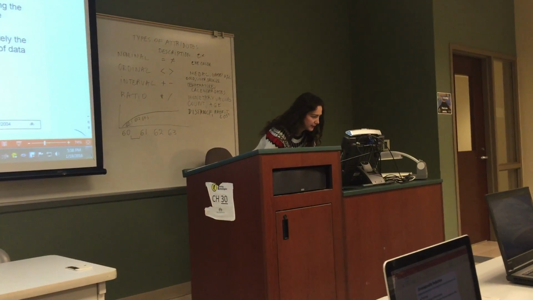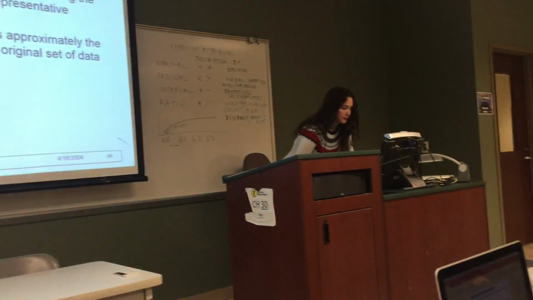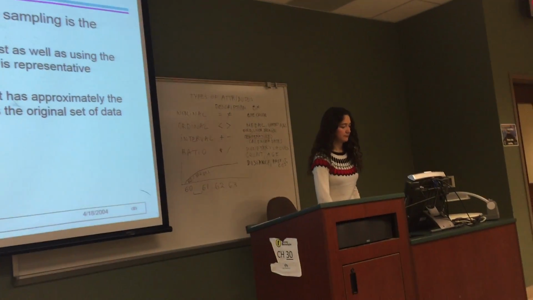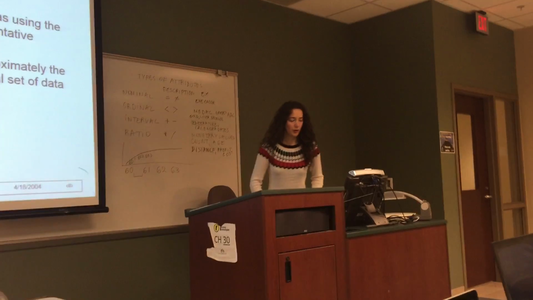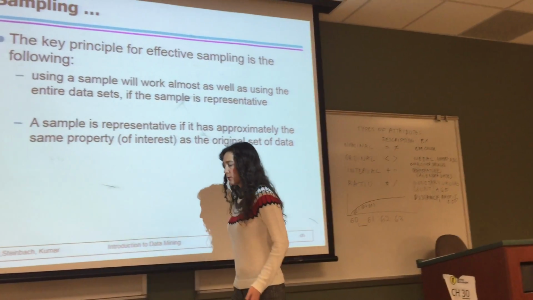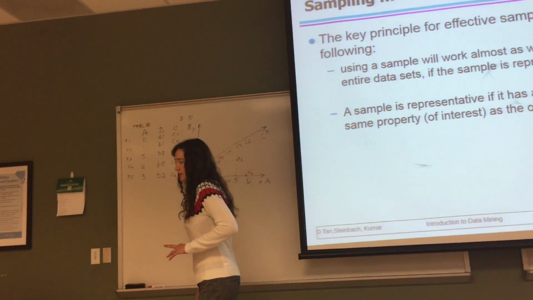Another way to reduce the data is sampling. We're not going to do the analysis on the entire data. We will take a part of it and do analysis on that part.